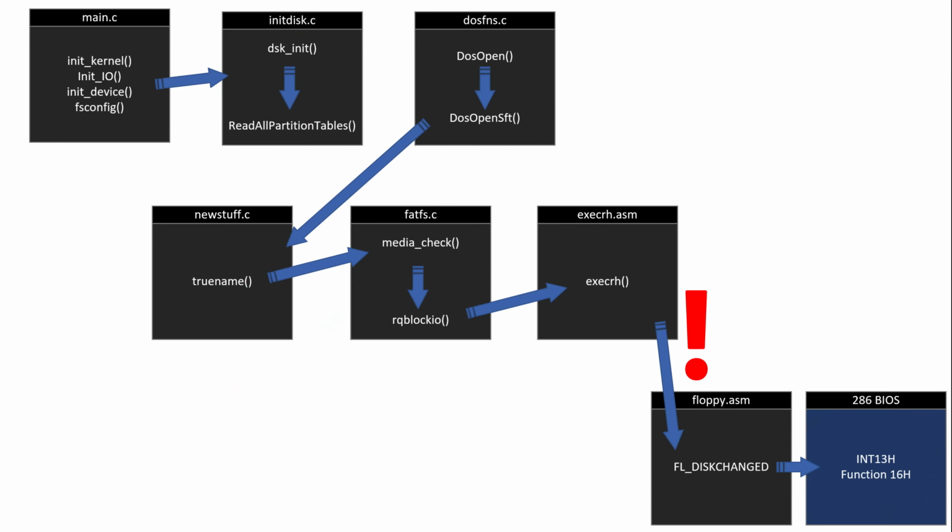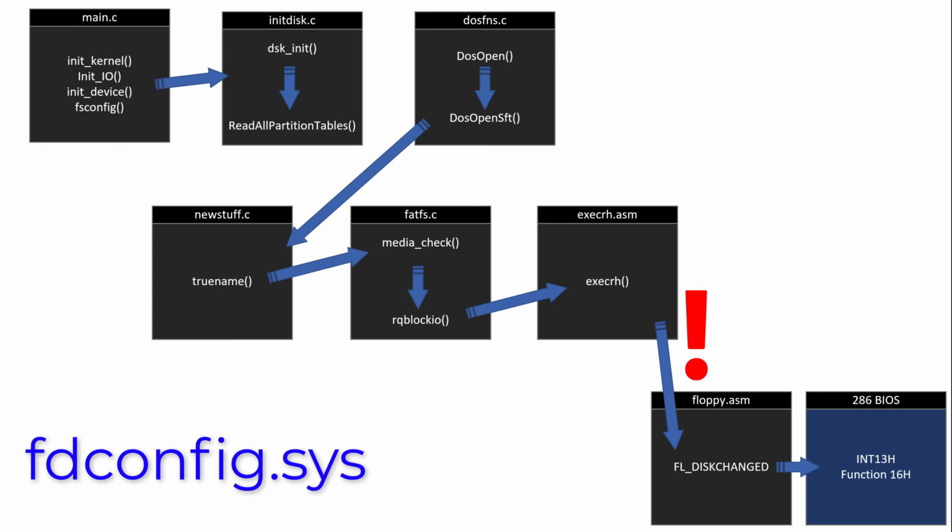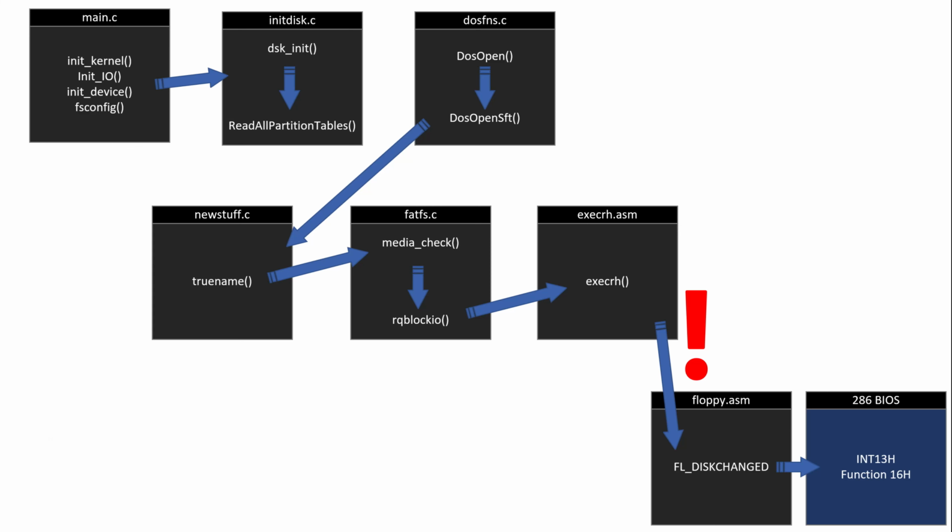The issue I'm running into is when I boot FreeDOS, it gets to the point where it goes out and looks for my config file, the fdconfig.sys, kind of like a DOS config.sys. And when it goes to do that, it gets to a call inside of a file called execrh.asm.